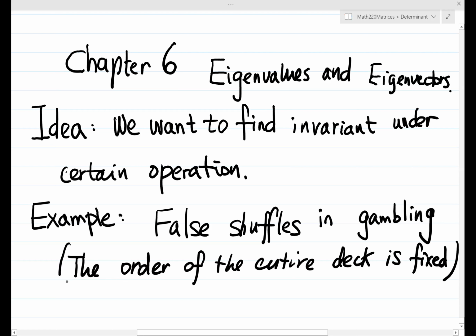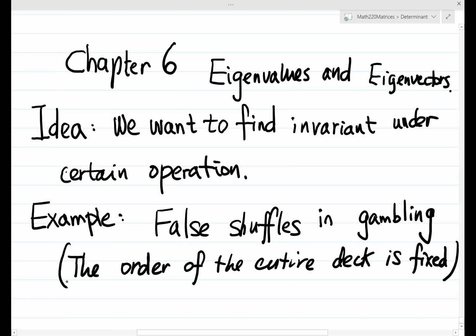Suppose you have a certain good order of a deck of cards, such that you can get 3 Aces or 3 Kings, KKK or AAA, such good cards to certain people with this fixed order.